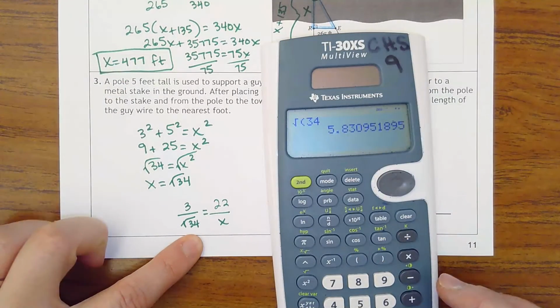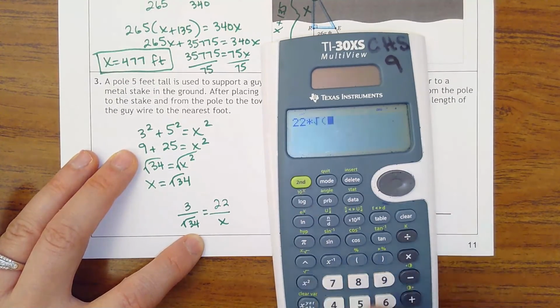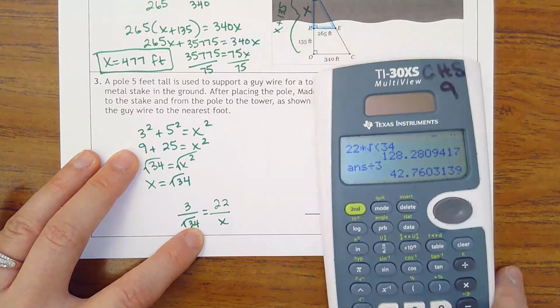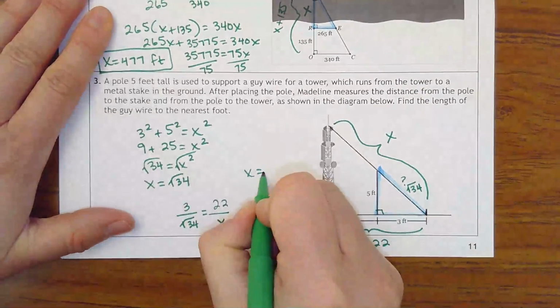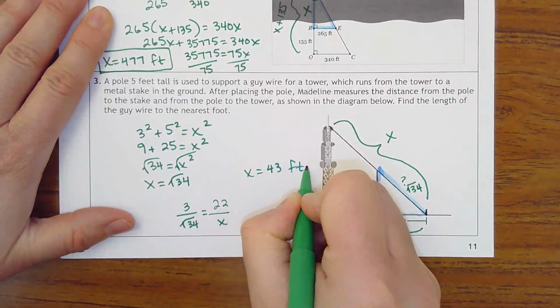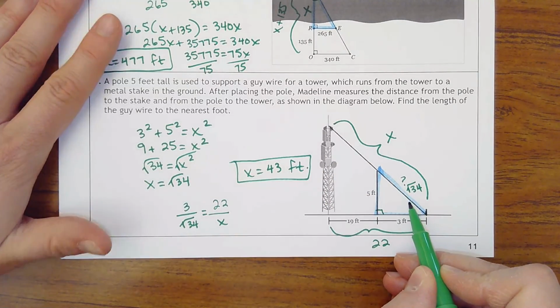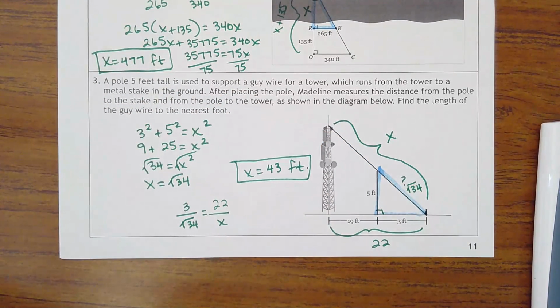Cross multiply, my x is 22 times square root of 34 divided by 3. And it says to the nearest foot, so that would be 43 feet. So this one does require Pythagorean theorem because it does not tell us what the hypotenuse was, which is corresponding to the hypotenuse of the big triangle, which is what we wanted to find.